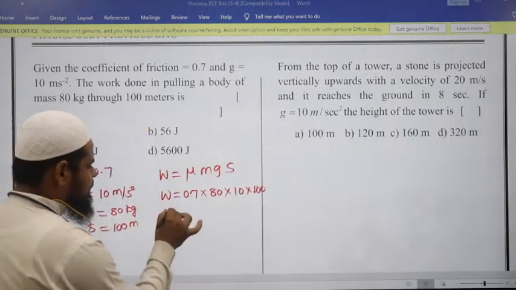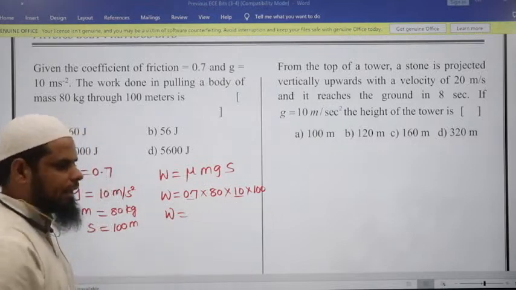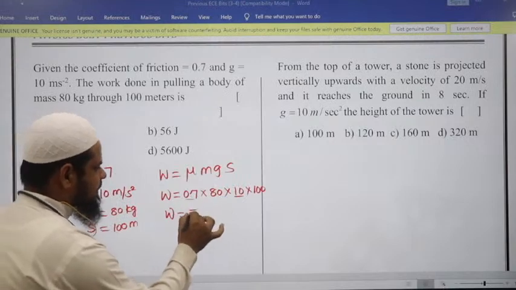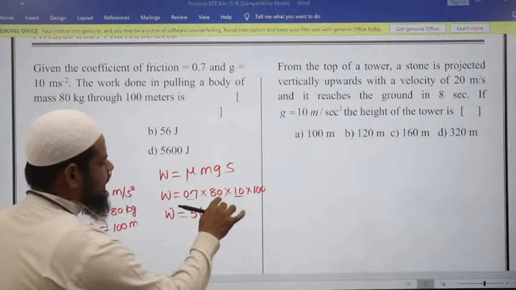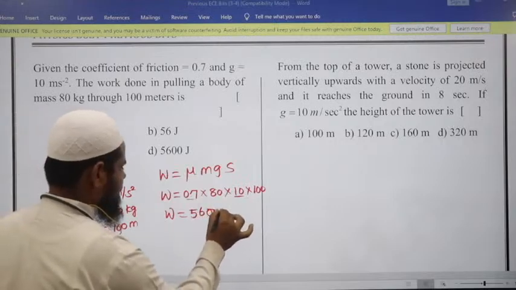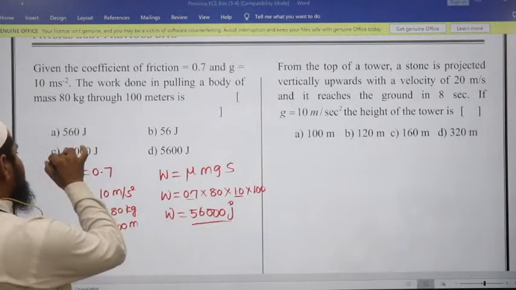Now 0.7 into 10 is 7. So 7 into 8, 56. And here one zero and there two zeros, so we'll go with three zeros. Joules. 56000. That is our option C.